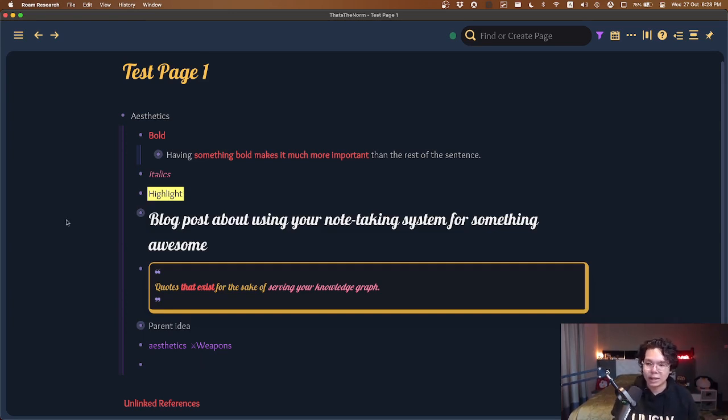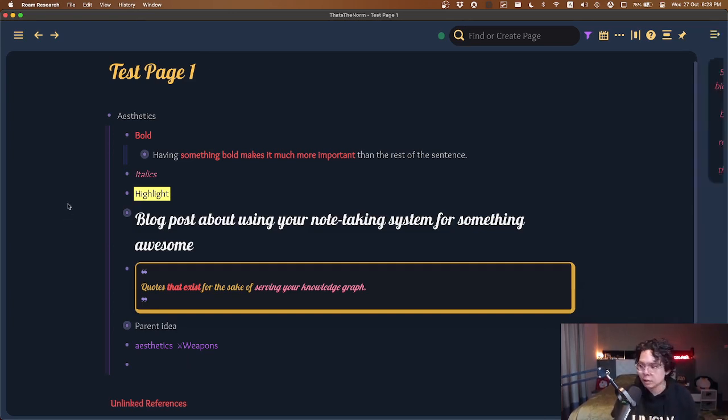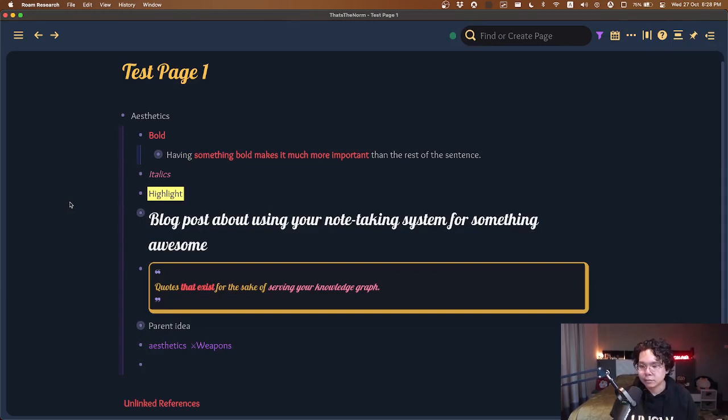The last thing I want to demo a little bit is the Masonry extension, which works really, really well.